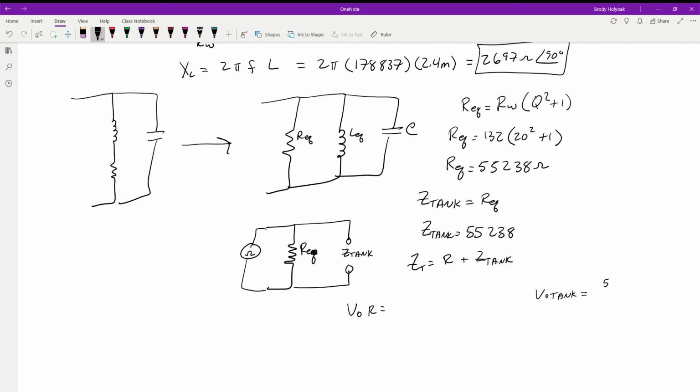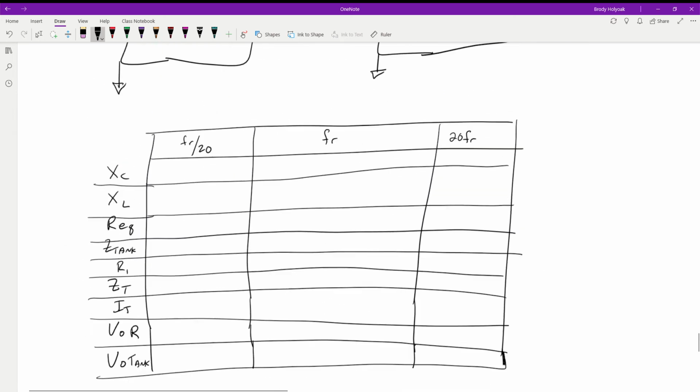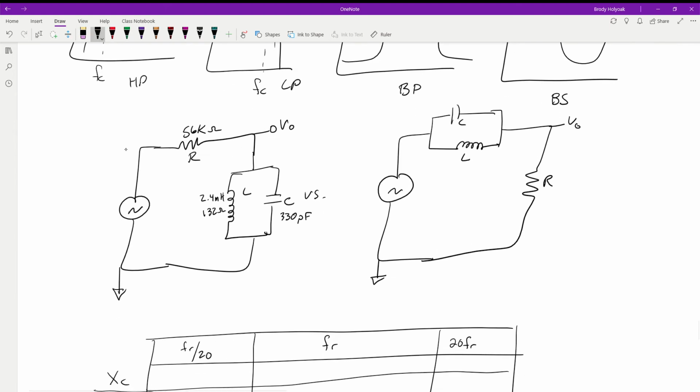We have the 55,238 divided by the 55,238 plus the 56,000. We multiply that by our voltage in, which, did I put that on the original formula? I did not. So we have 52 volts across this. I forgot that part.